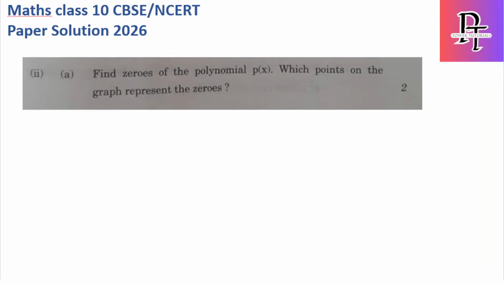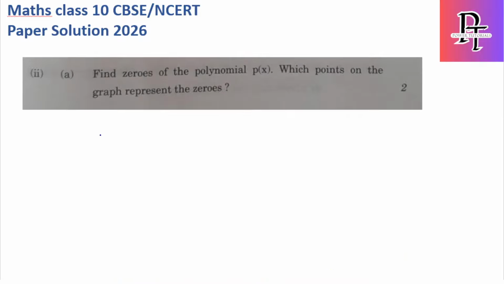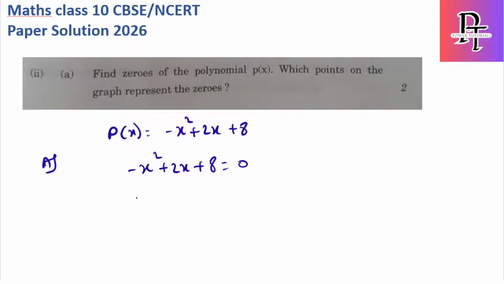Okay, let's solve the zeros, which is minus x square plus 2x plus 8. Okay, p of x we have as minus x square plus 2x plus 8. So zeros means simply this quadratic equation should be equated to 0, and find the values. 8 factors, 2 into 4, 2 into 4 will give me minus plus 2.